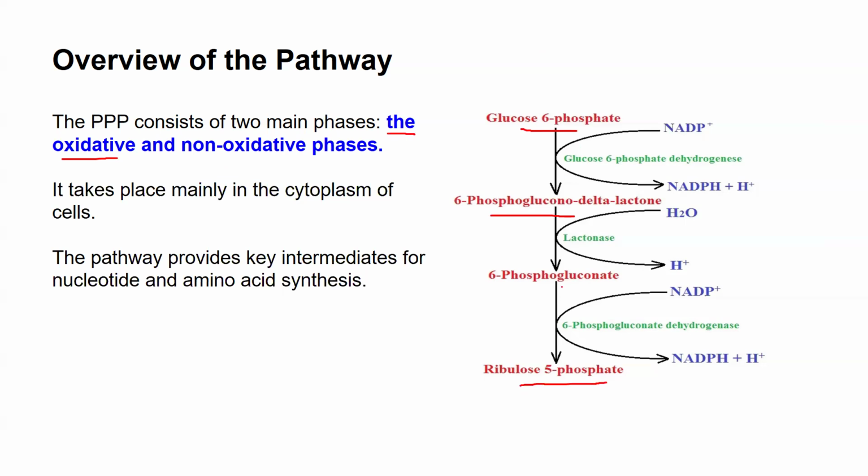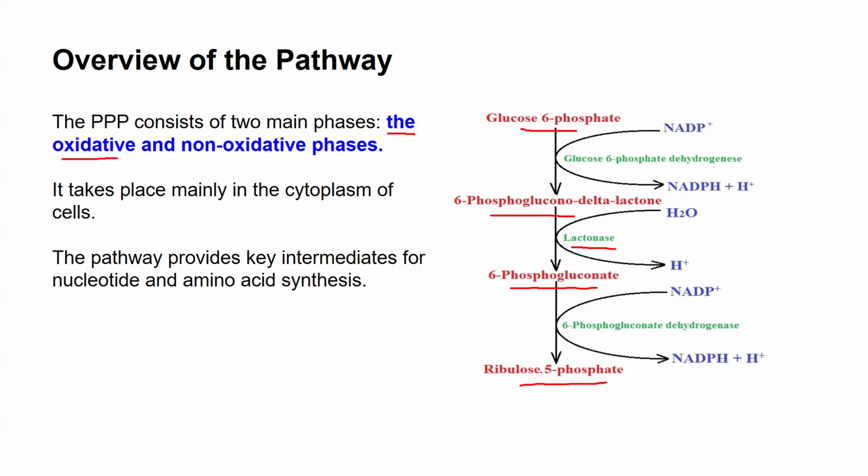As we can see from the steps, first glucose 6-phosphate is converted into 6-phosphogluconolactone, and then we have 6-phosphogluconate, which is generated from 6-phosphogluconolactone using an enzyme called lactonase. And then the enzyme called 6-phosphogluconate dehydrogenase converts 6-phosphogluconate to ribulose 5-phosphate.